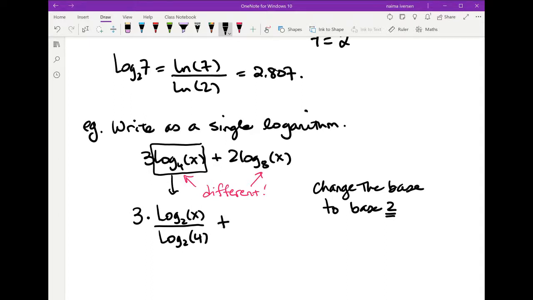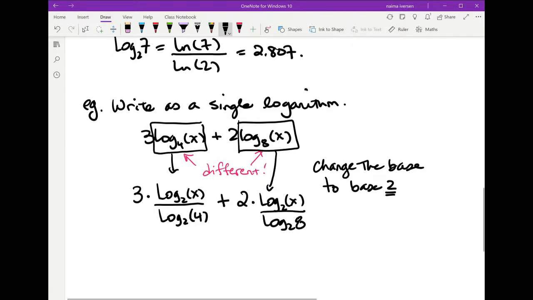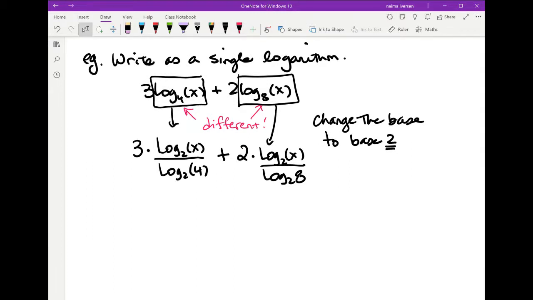Then for my next one, I've got the 2 in front. And when I change this one, it's going to be log base 2 of x divided by log base 2 of 8. Let's go through and evaluate some stuff. So I've got 3 on the outside, I've got log base 2 of x, and in the denominator I want to evaluate log base 2 of 4. This is log base 2 of 2 squared.